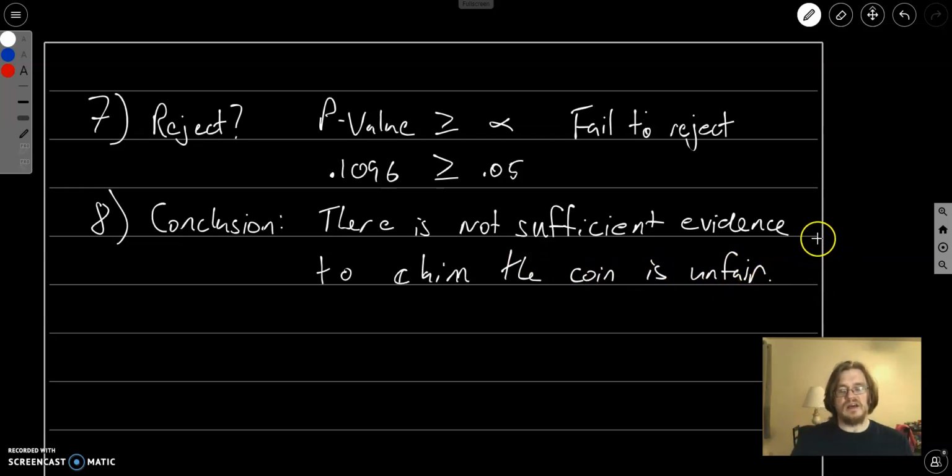So ultimately, flipping 58 heads out of 100 doesn't seem all that unusual.